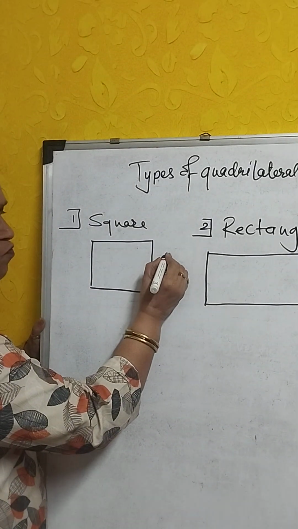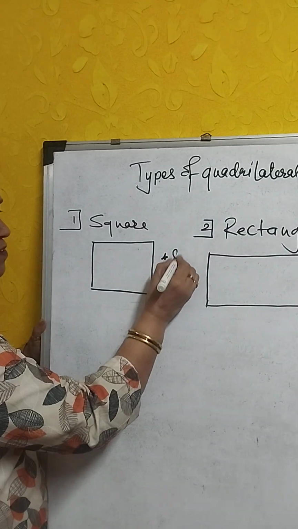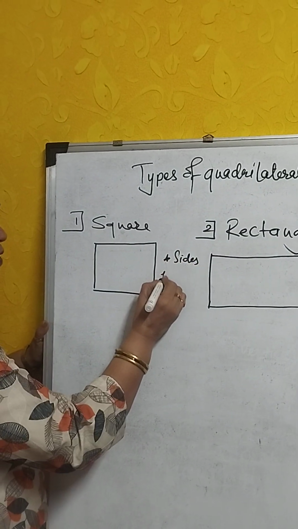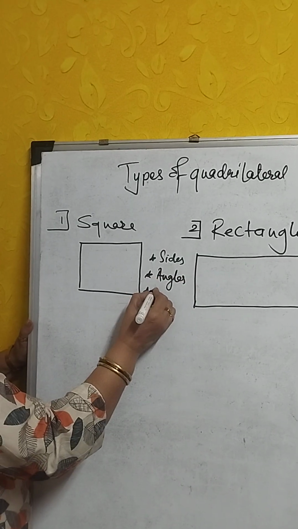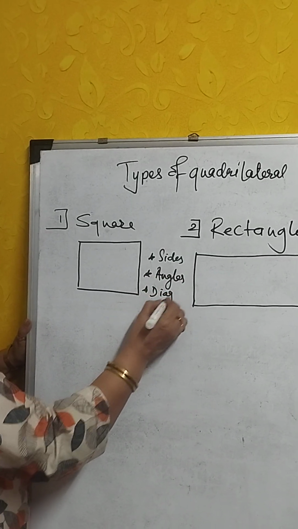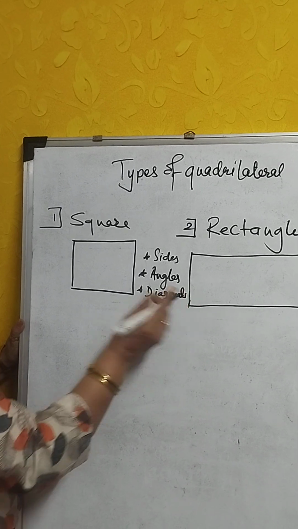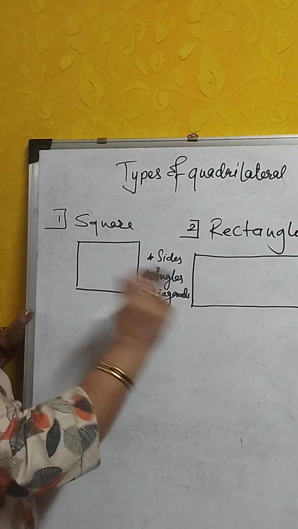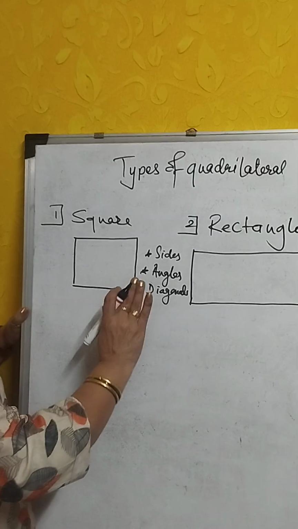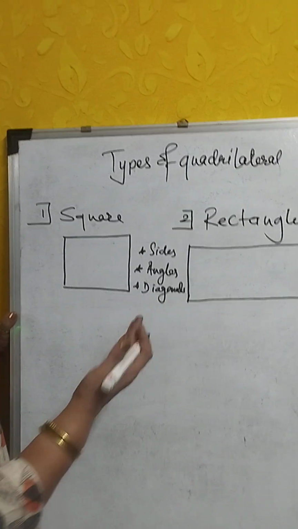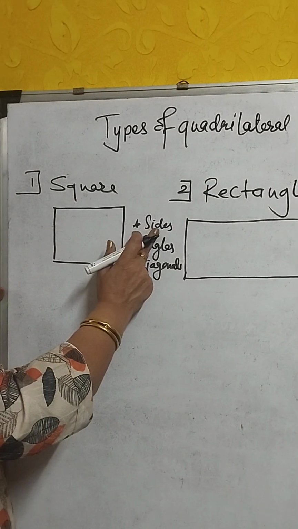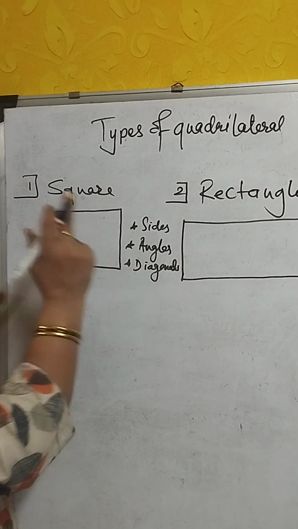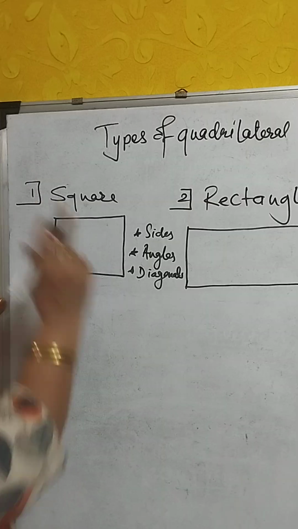What I told you: first property of sides, second property of angles, and third property of diagonals. Means while writing or remembering properties, you will not get confused about which property to write first. You should write property first of sides, second of angles, third of diagonals.